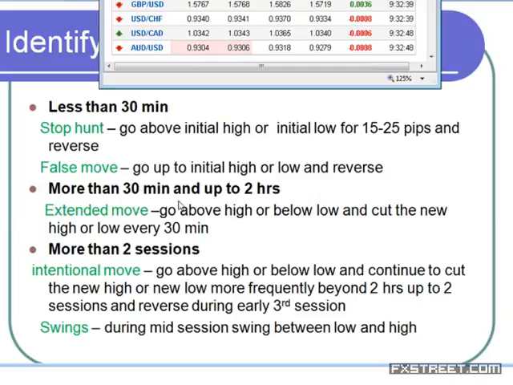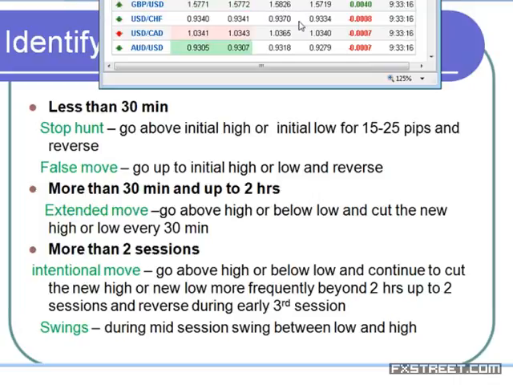Now, moves of more than 30 minutes, up to 2 hours. What they do is go above the initial high. In the case of GBP, they went above the initial high of 1.5742 and are still holding above it, but formed 1.5826 as a new high, which they have not breached.